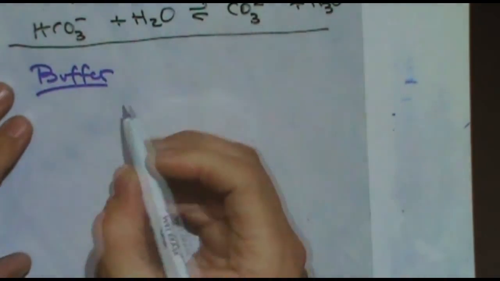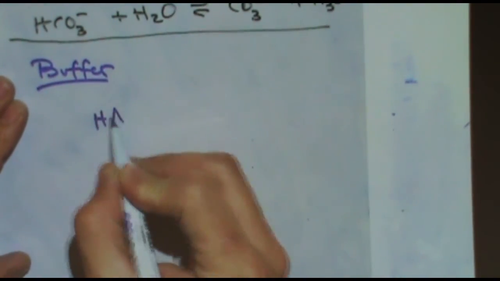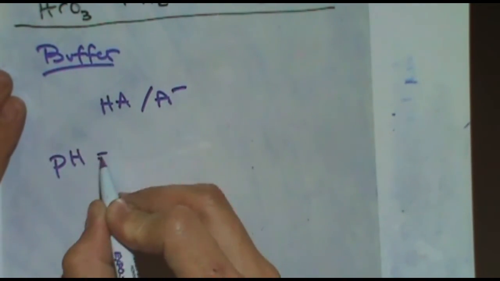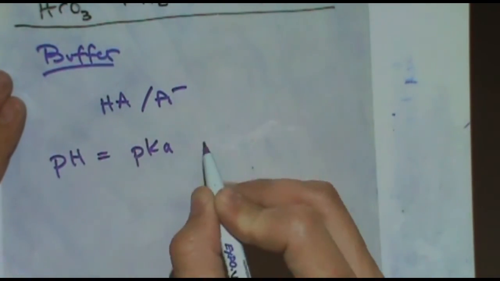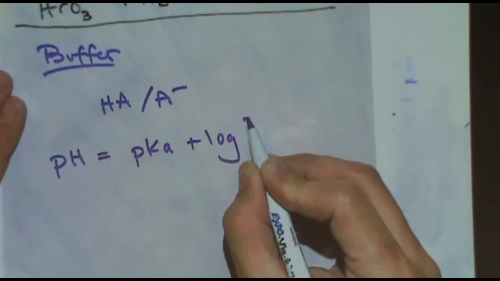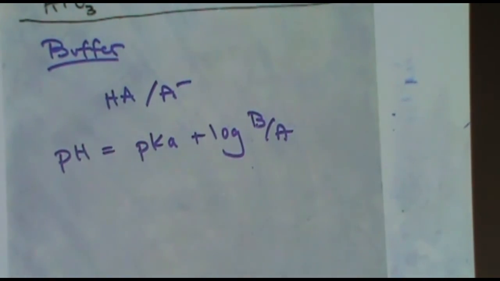Let's say we have HA and A minus. If you're given a question, there's kind of two types of problems that involve just the buffer itself. The easiest would be given the concentrations, find the pH. That would be as simple as just plug and chug.